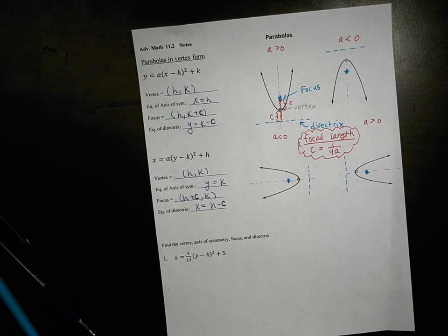Okay, so the length in all the pictures, I only highlighted it in that first image, but in all the pictures, the length from your focus to the vertex and the vertex to the directrix is always c, the focal length. And it's always the same in every picture. Equidistant. Any questions?